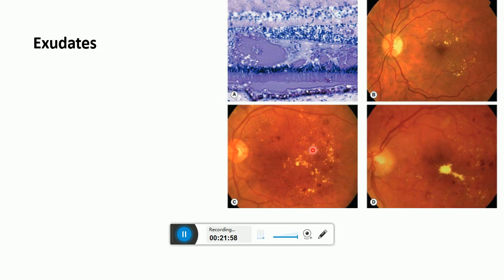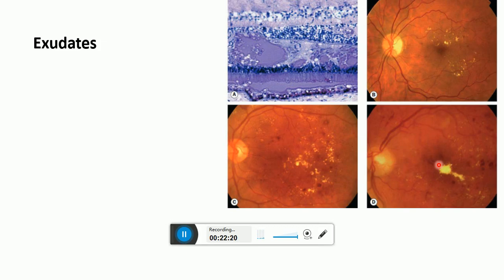When leakage ceases, exudates absorb spontaneously over a period of months, either into healthy surrounding capillaries or by phagocytosis. Chronic leakage leads to enlargement and deposition of crystalline cholesterol.